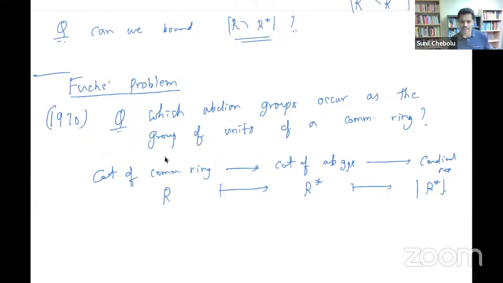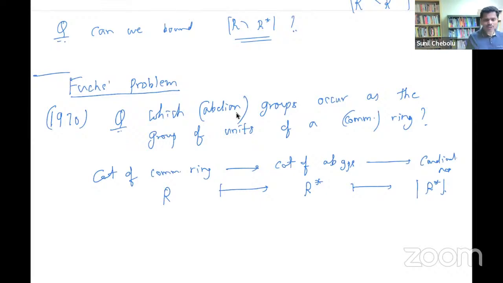But what Fuchs asked is, can you tell what is the image of the first function? There is no reason to restrict to abelian groups and commutative rings. You can also ask which groups occur as the group of units of any unital ring. That's the more general version of the Fuchs problem.